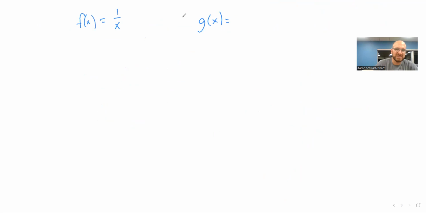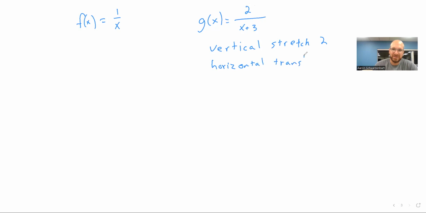If g of x is this function, I have a vertical stretch of 2 and a horizontal translation of 3 left.